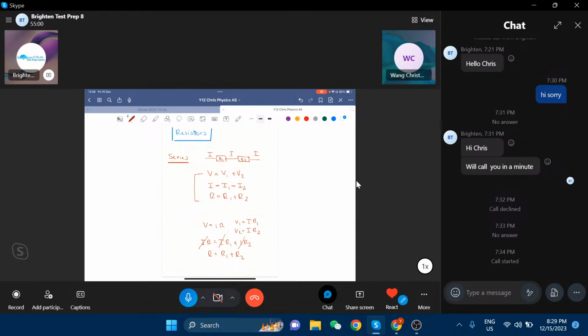So the key point is to start here. If you keep that in mind, it's very obvious that in serial, the current must be the same everywhere, and the rest just adds up. The voltage adds up, and in consequence, the resistors add up. That we will use all the time again and again when we discuss circuits in more detail.